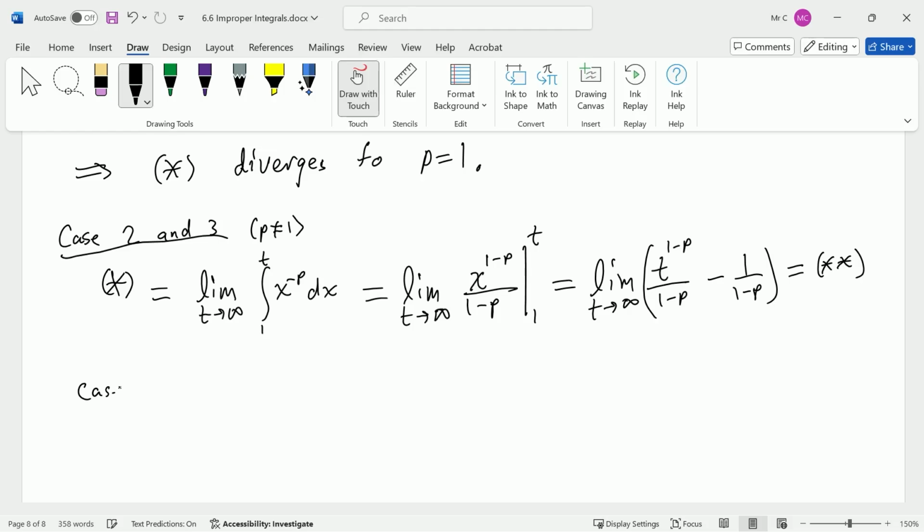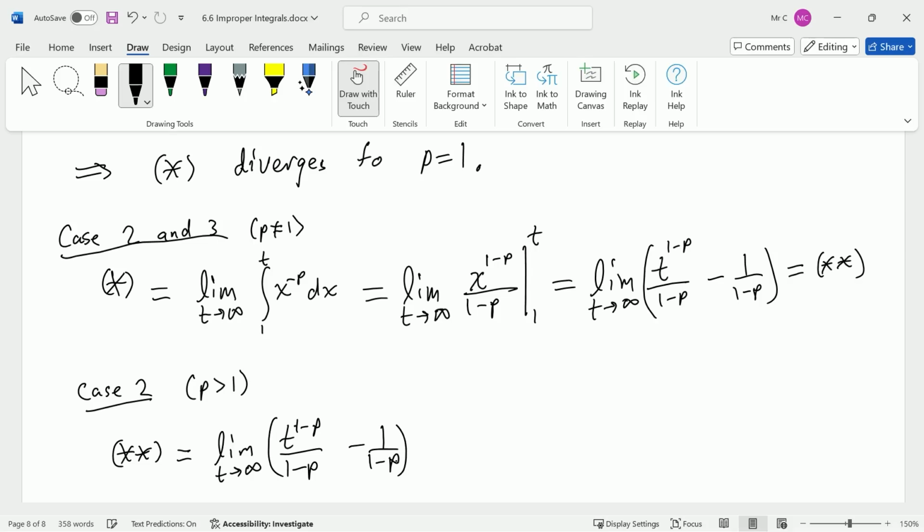So now we get into case 2 specifically. In case 2, we've got to consider p is not equal to 1. It could be greater than 1 or smaller than 1. And we're going to start with p being greater than 1. Then this second integral becomes the limit as t goes to infinity of t to the 1 minus p over 1 minus p, minus 1 over 1 minus p.